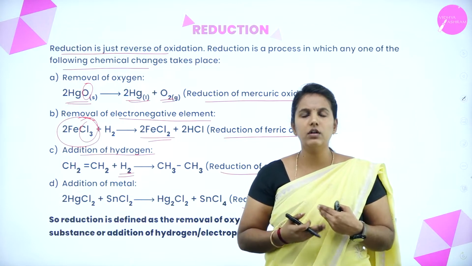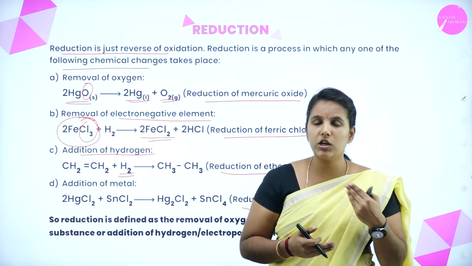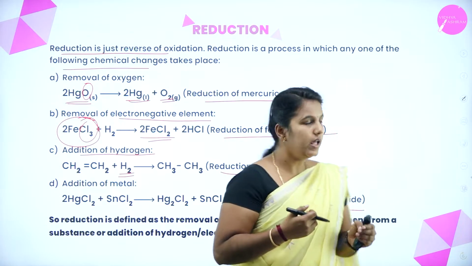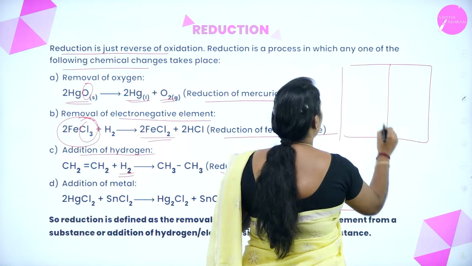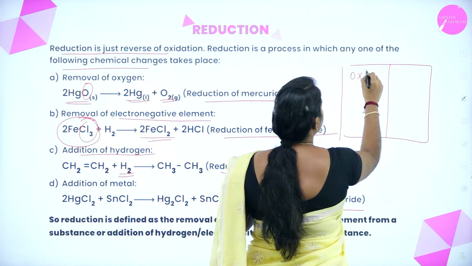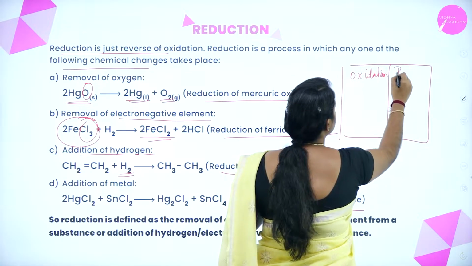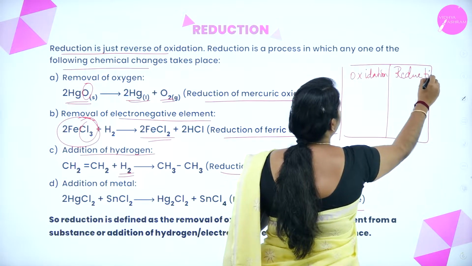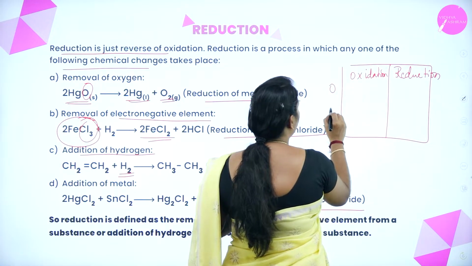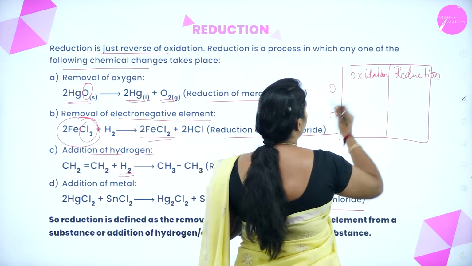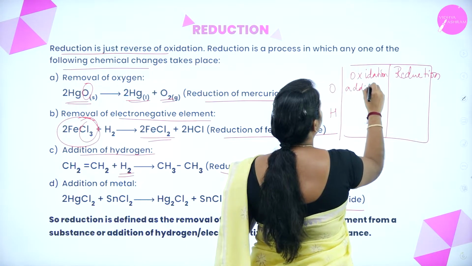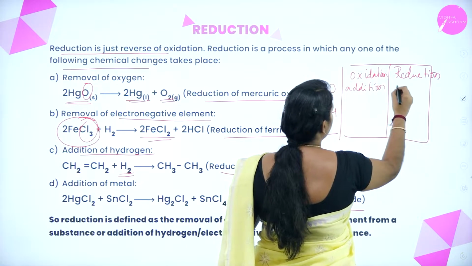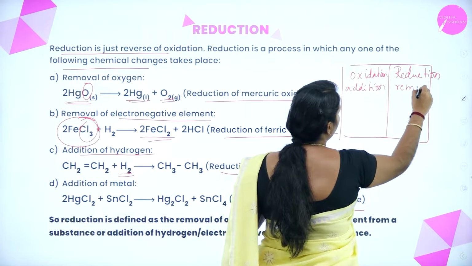This is how we can easily understand what oxidation is and what reduction is. So, always remember, in terms of oxygen, in case of oxidation it is an addition of oxygen, but in case of reduction it is a removal of oxygen.